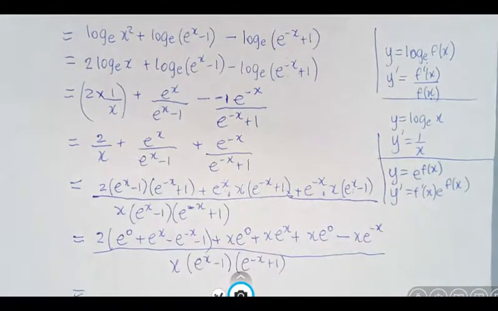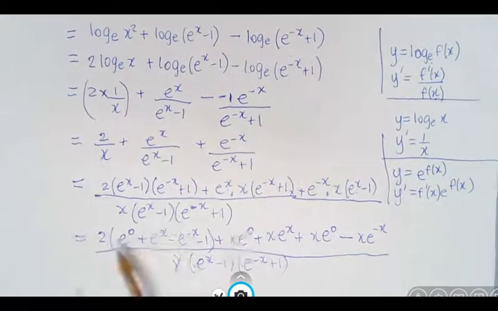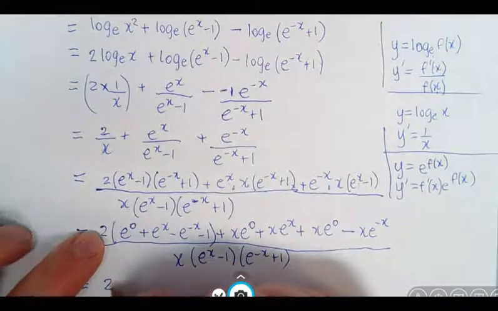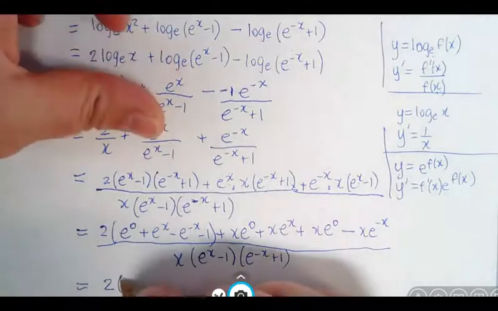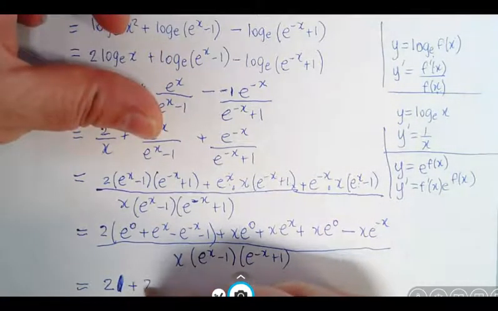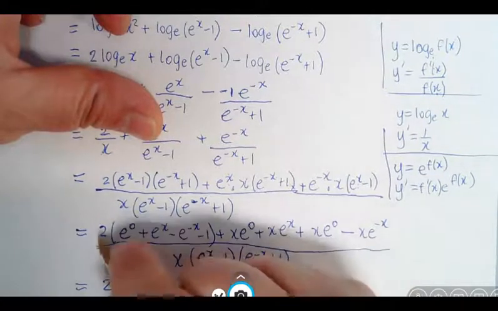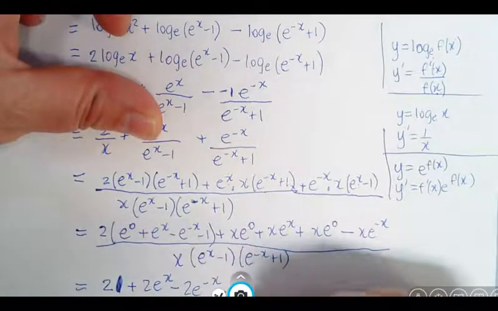So again, we're going to have to expand here. So I've got e to the 0, remember, is 1, so it's 2 times 1 is 2, plus 2e to the x, I'm expanding, minus 2e to the negative x. 2 times negative 1 is negative 2.